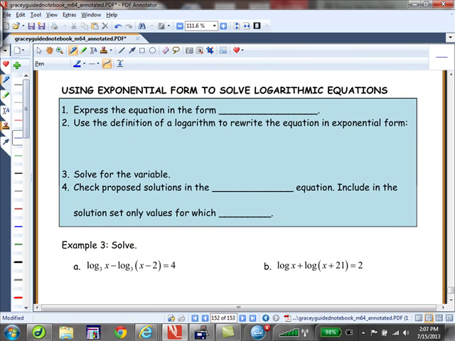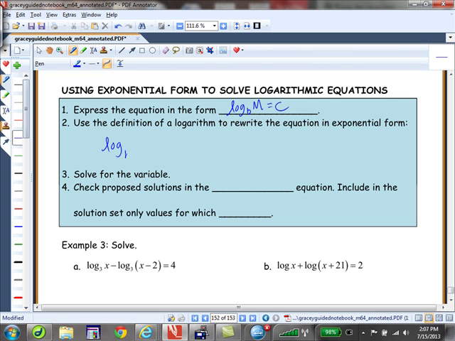using exponential form to solve logarithmic equations. So here we go. If you can express the equation in the form log base b of m equals c, so you have a log on one side and a constant on the other, you're going to use the definition of a logarithm.